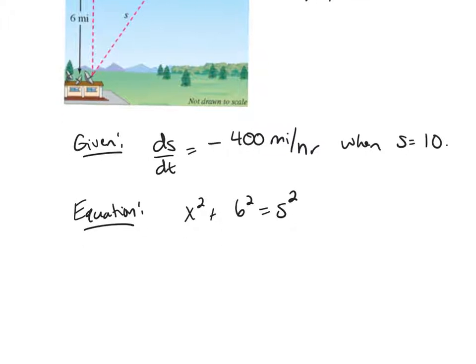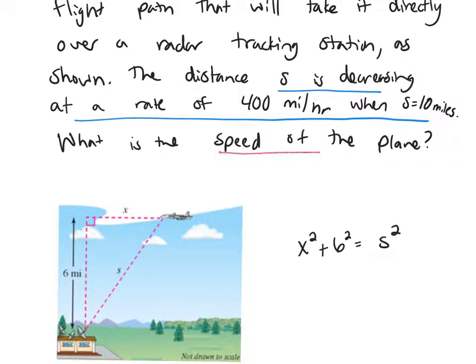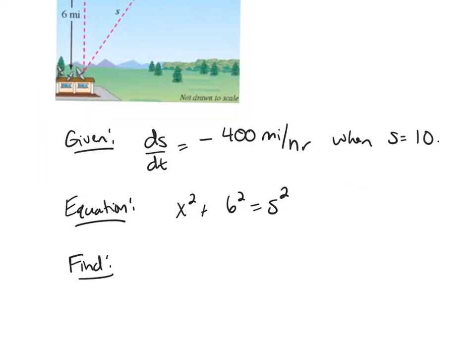And what am I asked to find? Let's go back and read our question. What is the speed of the plane? So I'm asked to find the speed of the plane. Well, the plane is traveling along that x, so I need to find dx/dt when s equals 10.